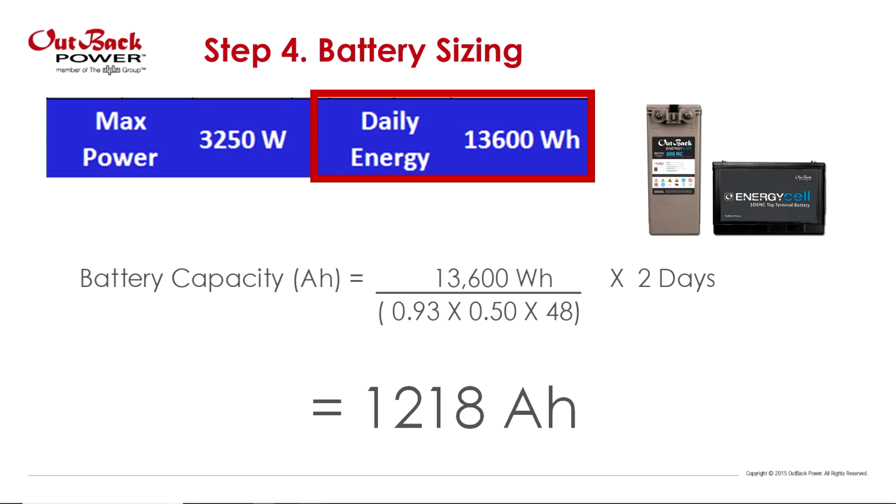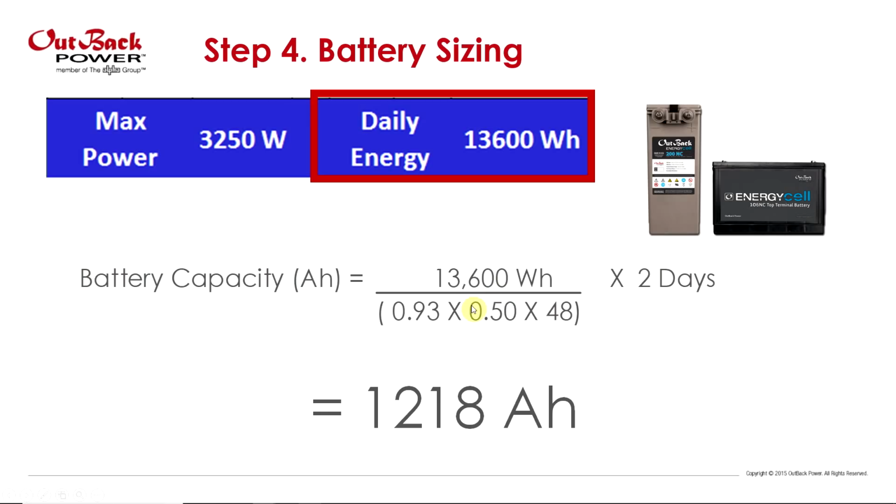Now we will size the battery bank. So we have total energy from our load calculation. There will be some efficiency loss in the system, so batteries will need a little more energy than the loads, since some of it will be lost through heat along the way. Lead acid batteries typically have 50% capacity available.